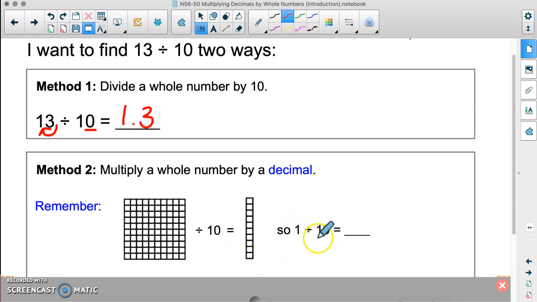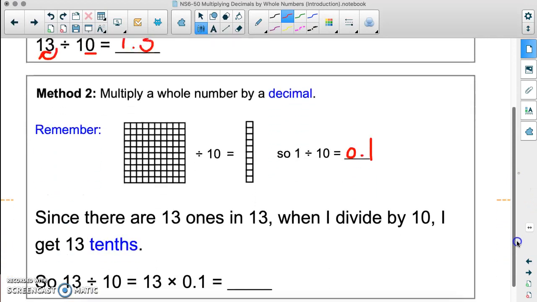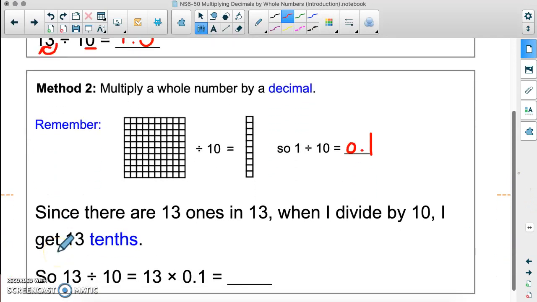So 1 divided by 10 is going to equal 0.1. So if I have 13 ones and I divide by 10, I get 13 tenths. So 13 divided by 10 is the same as saying 13 times 0.1. A tenth is 0.1.